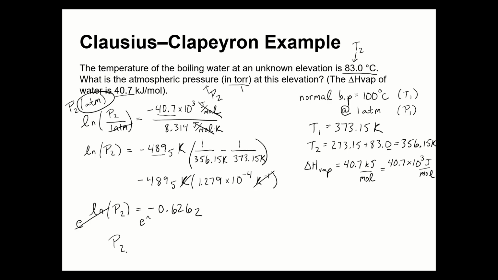So P2 is going to be equal to the exponential function raised to negative 0.6262, and that should come out to be roughly 0.5346.